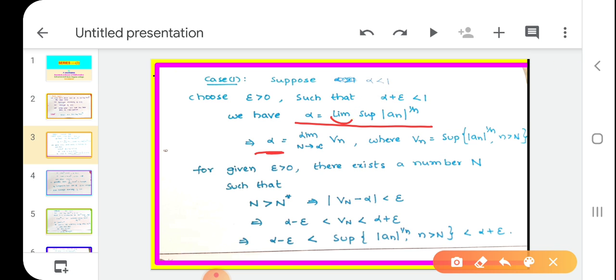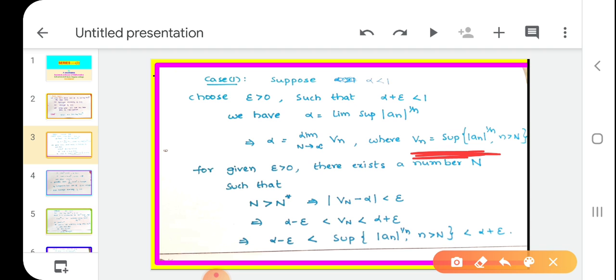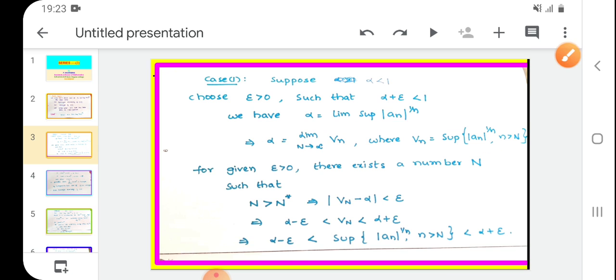Alpha equals the limit; instead of the supremum of a n whole power 1 by n, I write V n, since we let V n equal that supremum. So the value of alpha is the limit as n tends to infinity of V n.